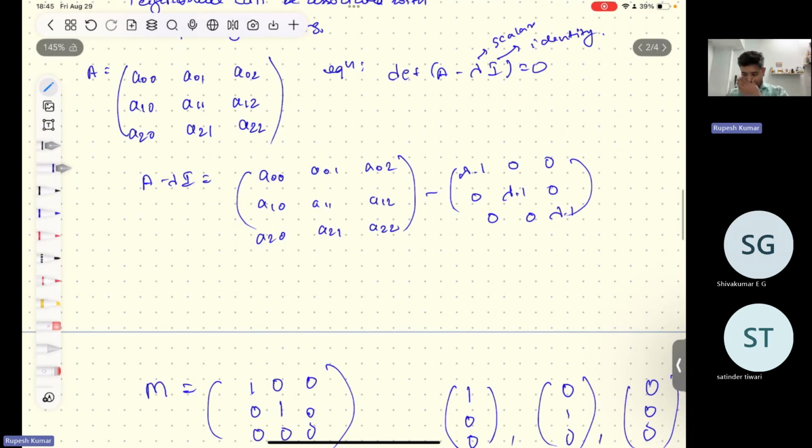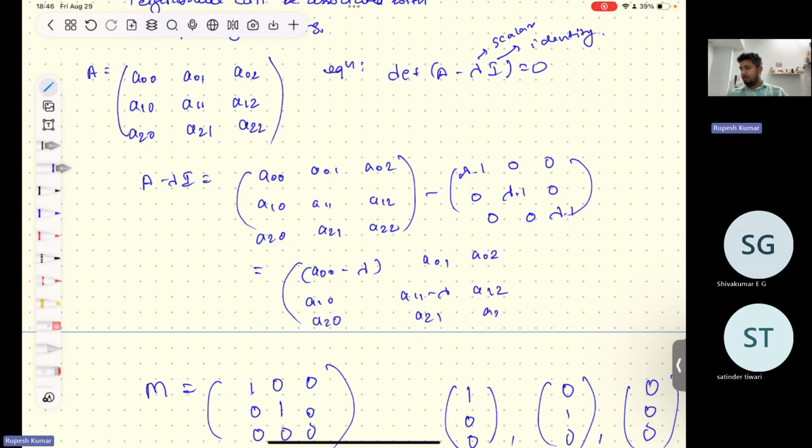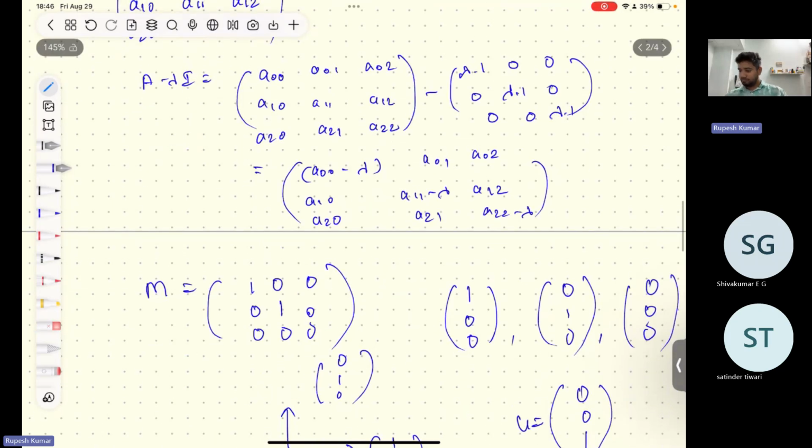This is lambda into identity matrix. This becomes A00 minus lambda, A01, A02, A10, A11 minus lambda, A12, A20, A21, A22 minus lambda, right?